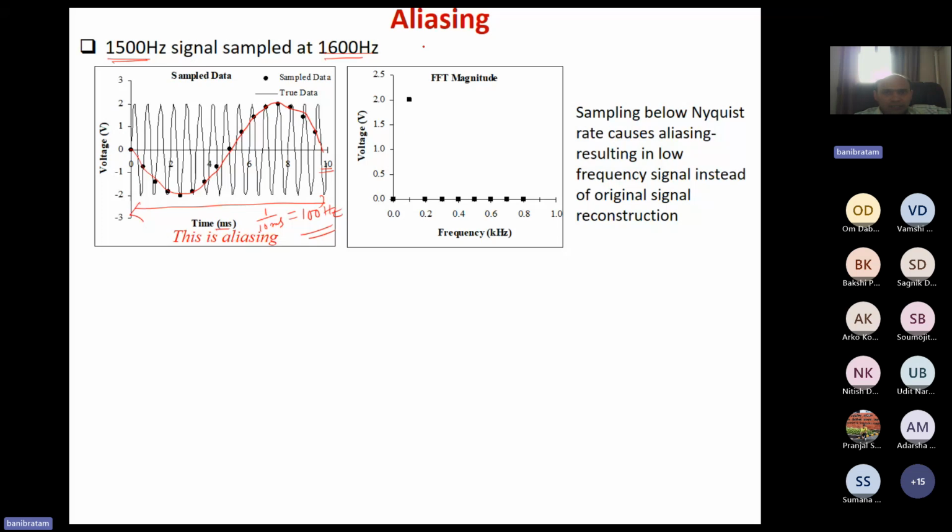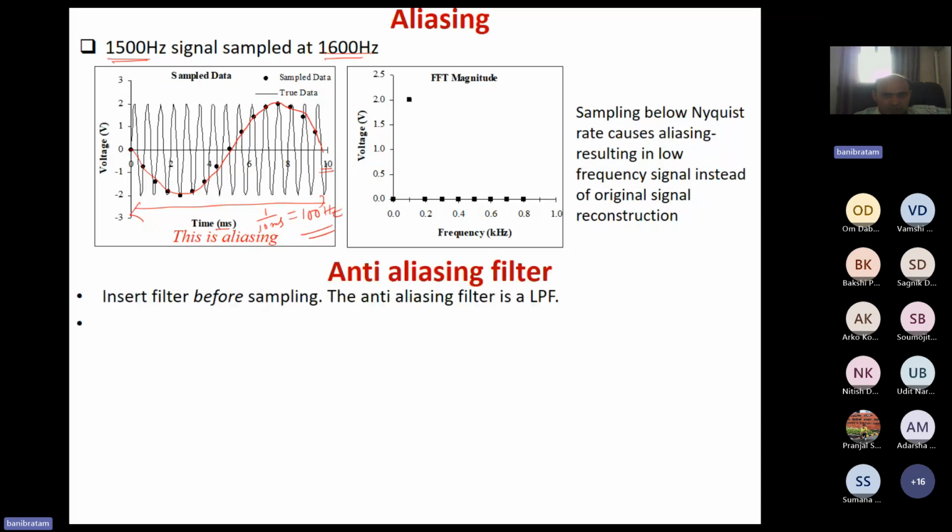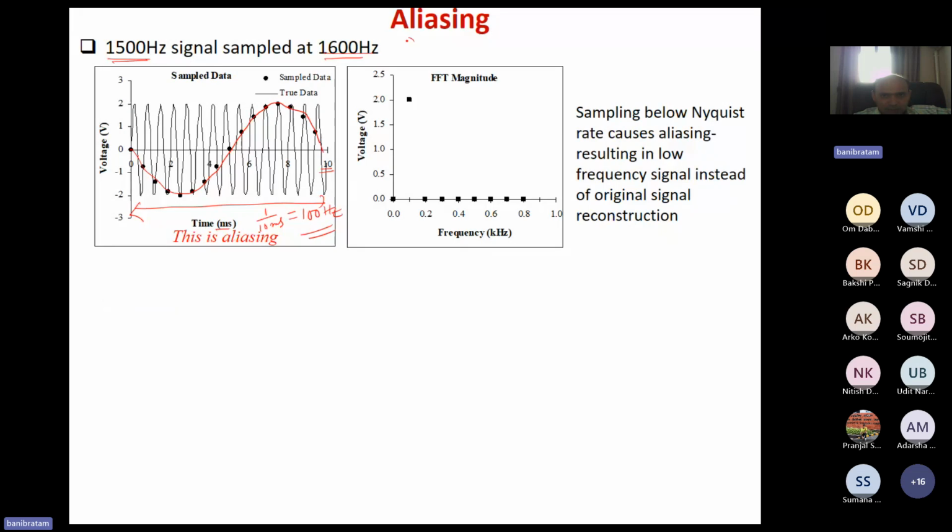After sampling, the signal will contain frequencies f equals nfs plus minus fa, so there will be repetitive frequencies.